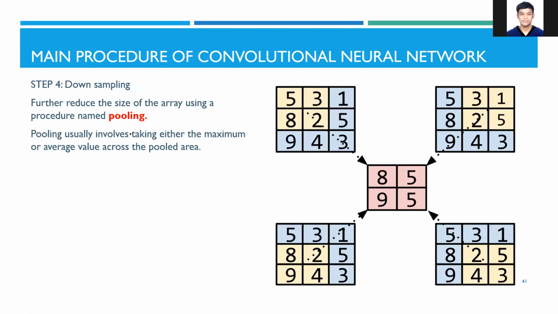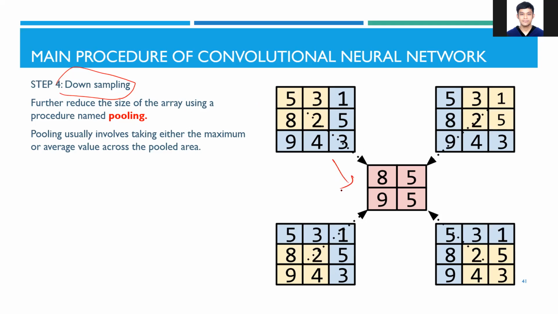After that, our data is still quite big, so we want to down-sample the data again. So if in the convolution layer we use dot product, in the pooling layer we use a sampling technique. For example, we have the original data, a 3 by 3 image, a 3 by 3 array.